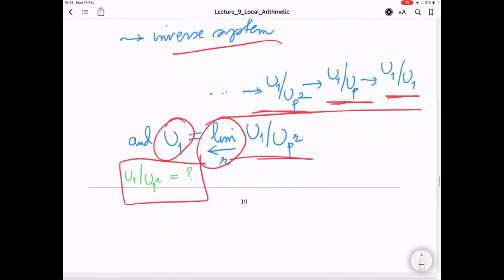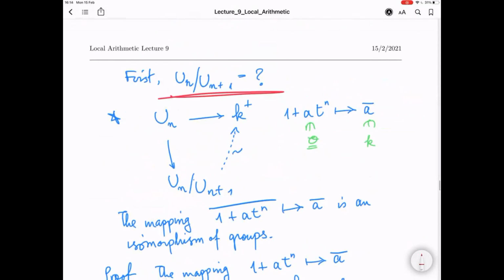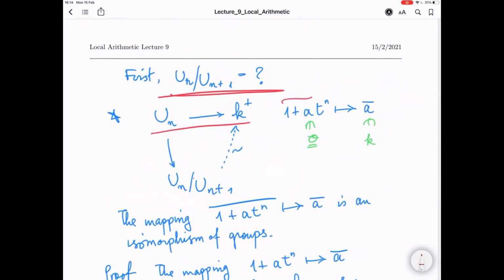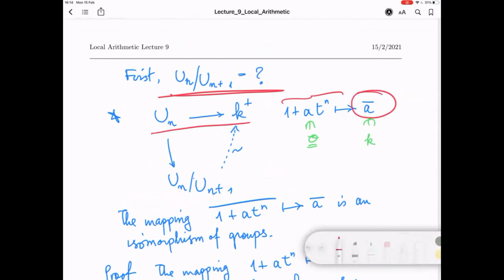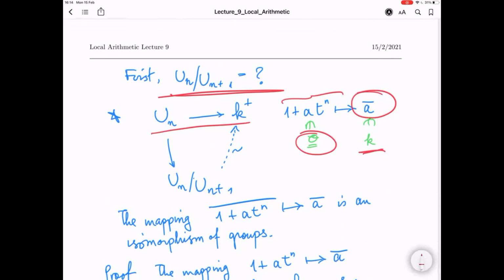So anyway, what is Un modulo Un+1? From Un, I have this map to K plus, which takes an element 1 plus a t to the n to a bar. This little a is, of course, an element of O, and a bar is its image in K. So this is a homomorphism of groups from Un to K plus.